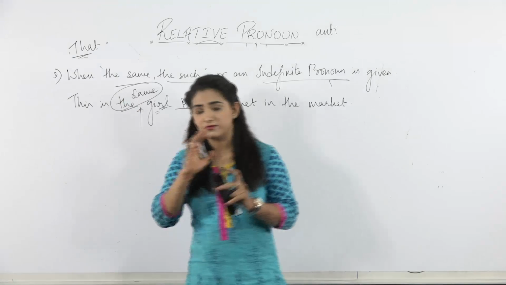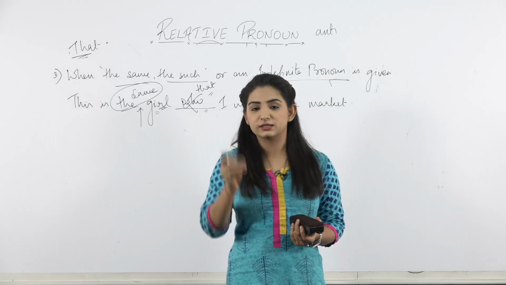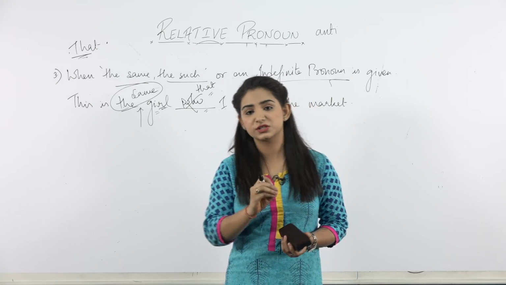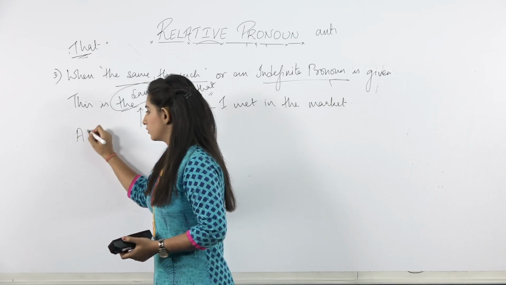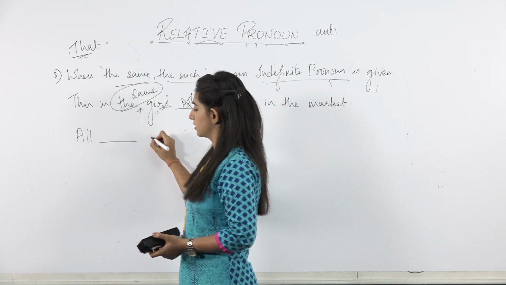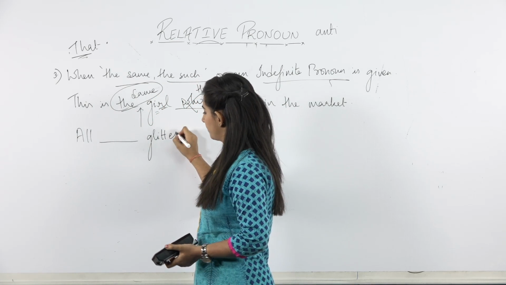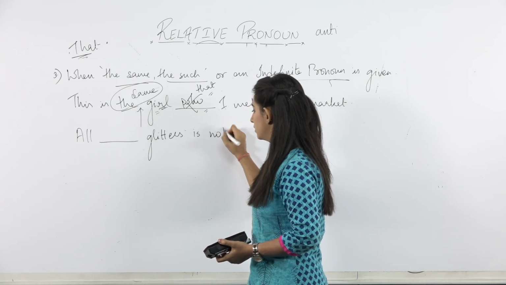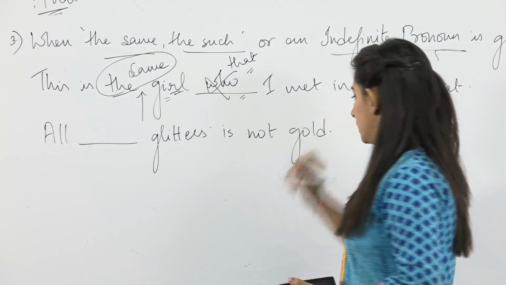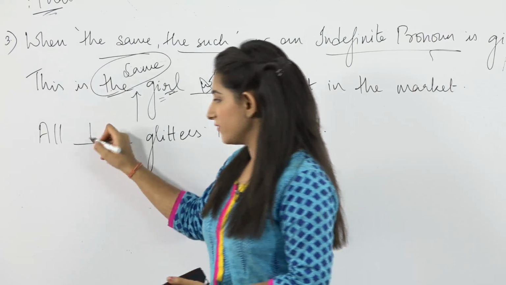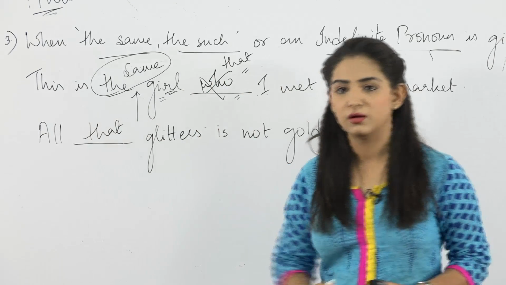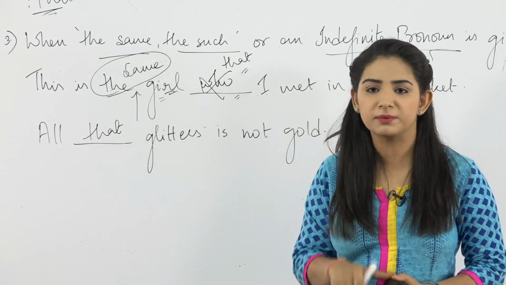Fine. Let's take one more example. There's a very famous phrase, all that glitters is not gold. हर चमकती हुई चीज सोना नहीं होती. तो यहाँ पे अगर हम लिखते हैं all dash glitters is not gold. Now in this sentence, can you tell me why are we placing that? We place that here, but why do we place that?